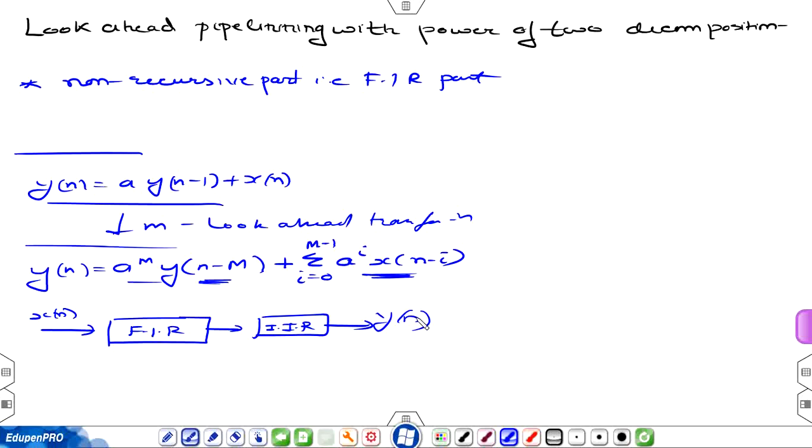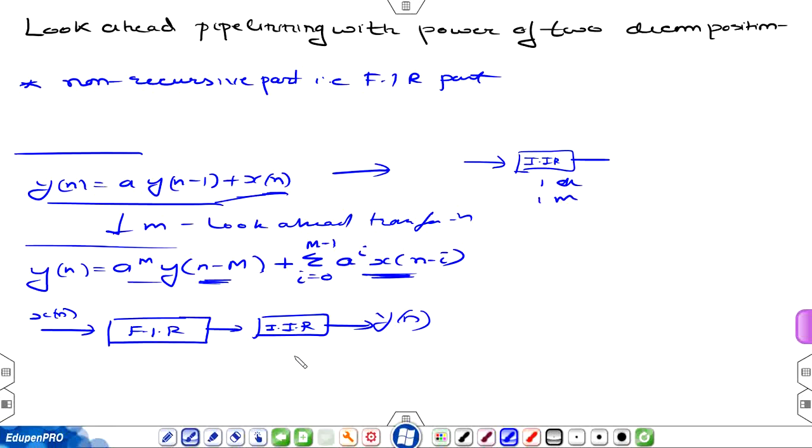Okay, and considering this equation, it does not have any FIR part, so the number of adders and multipliers in the FIR part is 0. It is just an IIR filter, so it has only one adder and one multiplier.